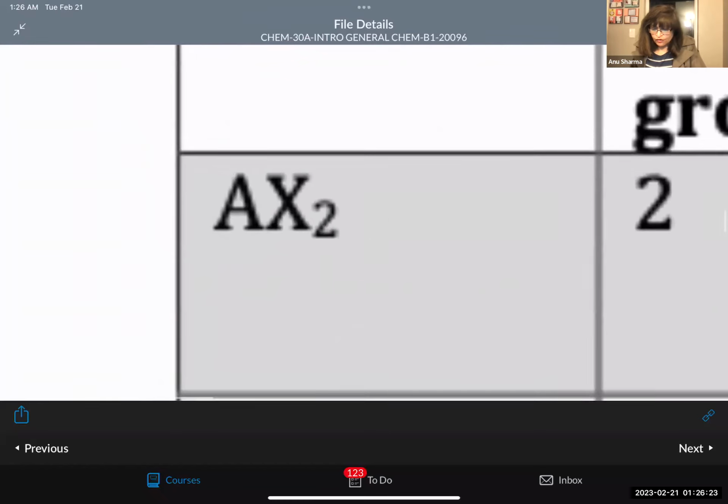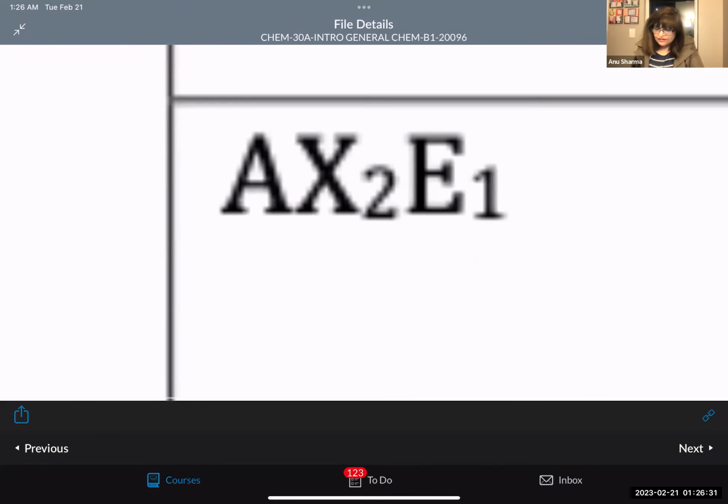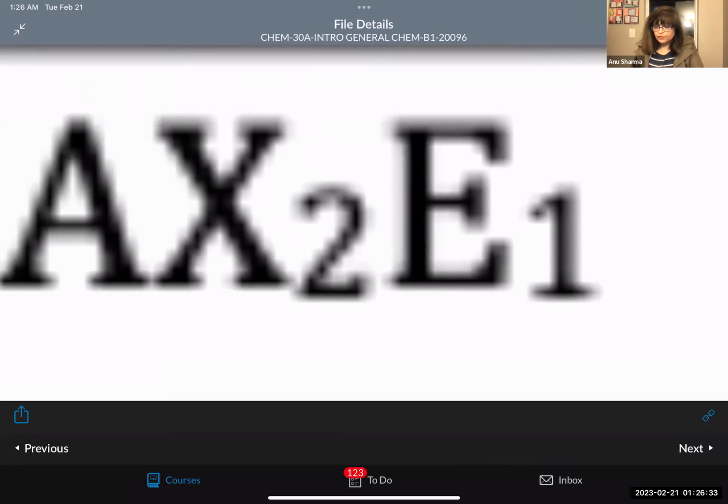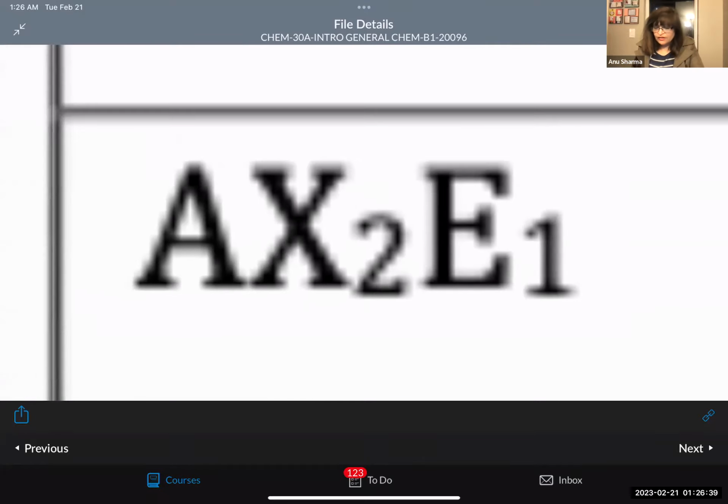A stands for the central atom, X stands for the outer atom, and E stands for the lone pairs on the central atom. It becomes easy to do it this way. Okay, the lone pair on the central atom is the E. So X is the outer atom and A is the central atom.